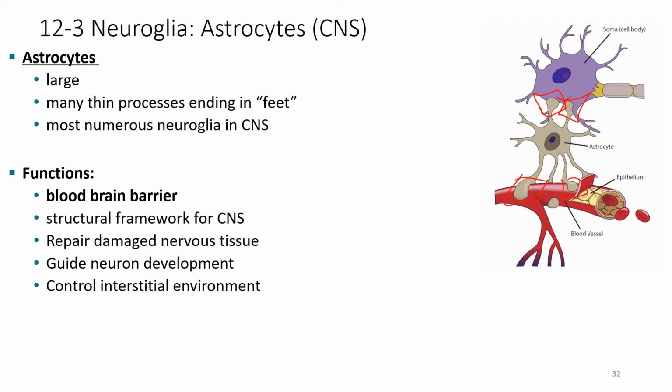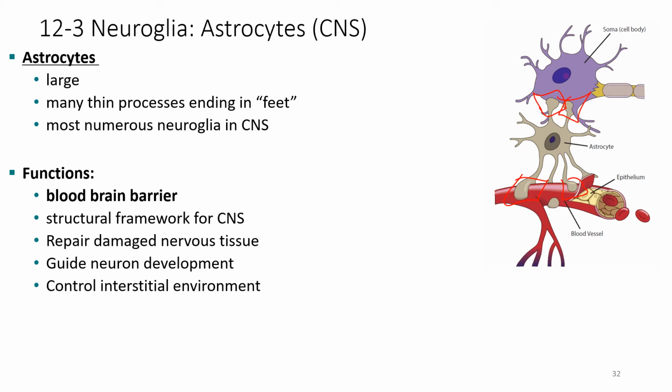So those little feet coming off those processes of the astrocytes, they kind of spread out and form a little blanket around the capillaries that are running through that nervous tissue. And they secrete chemicals which are responsible for that selective permeability.